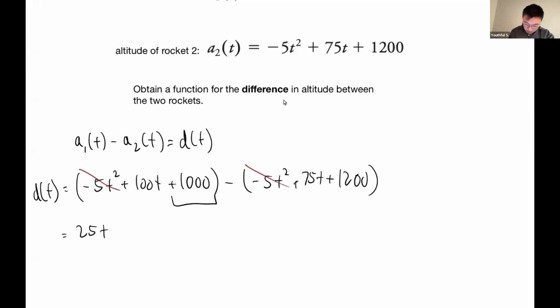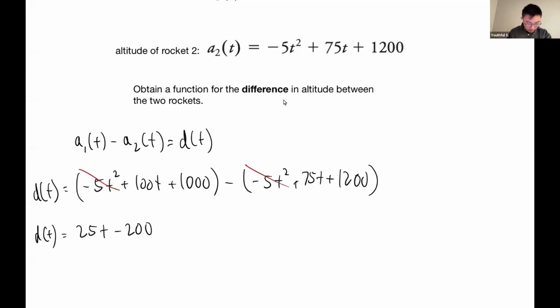And then we have 1000 minus 1200, so that's minus 200. So this is going to be our function for the difference between the two rockets when we have time as our independent variable.